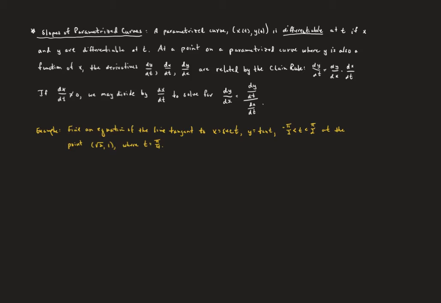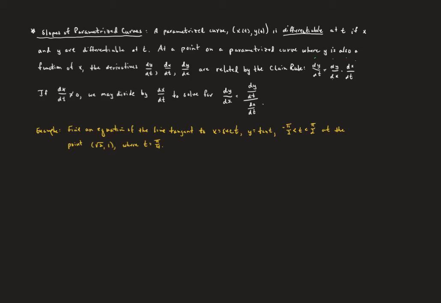So we say that the curve is differentiable at t if x and y are each differentiable at t. And at a particular point on the curve, where y is also a function of x, we have a relationship between these derivatives, dy/dt, dx/dt, dy/dx, that are related from the chain rule as written in Leibniz notation. So dy/dt is going to be dy/dx times dx/dt.